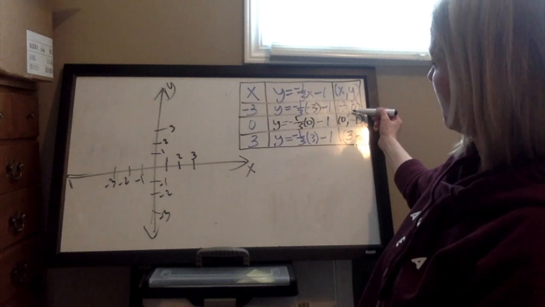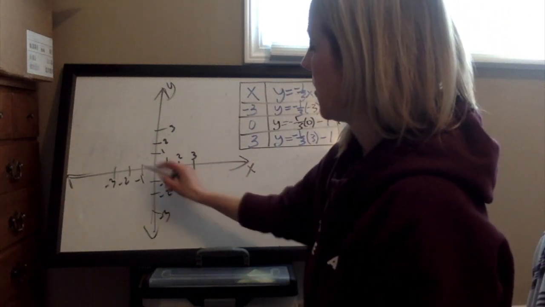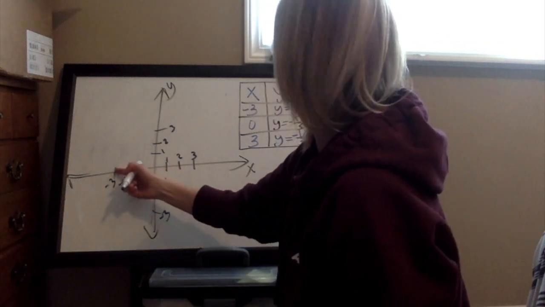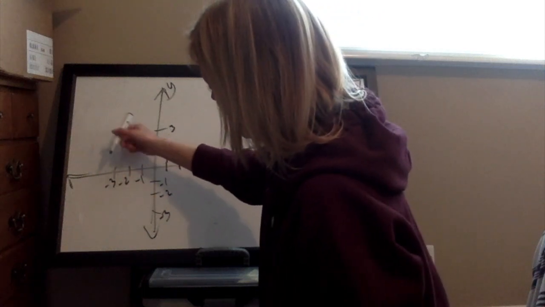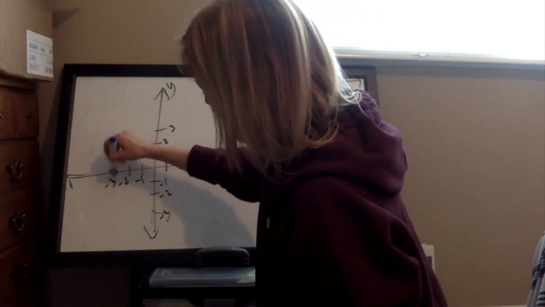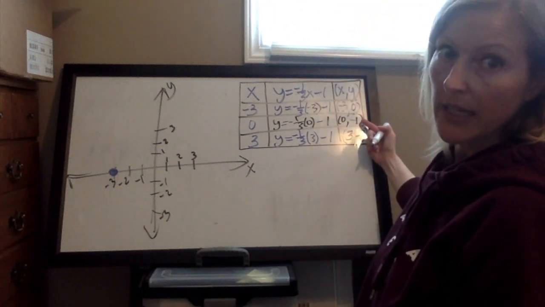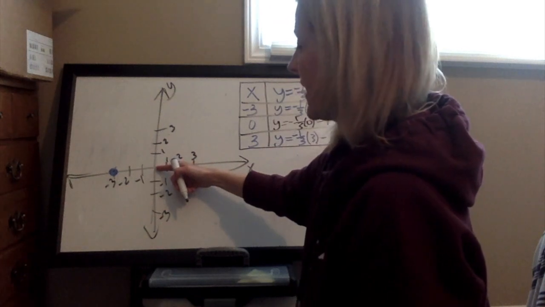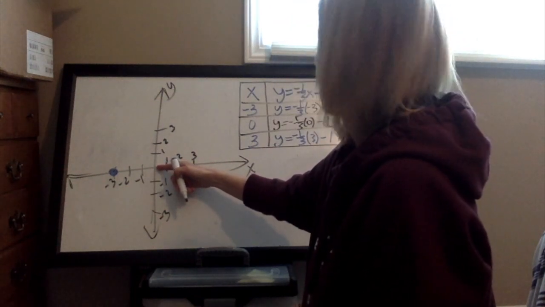Here we go. First one is negative 3 comma 0. So start in the origin. You're going to go over negative 3 comma 0. Well, you don't go anywhere for y, so it stays right here at the negative 3. Next one is 0 comma negative 1. So you wouldn't go over anywhere for x, you just stay there. And then you would go down negative 1 for your y.